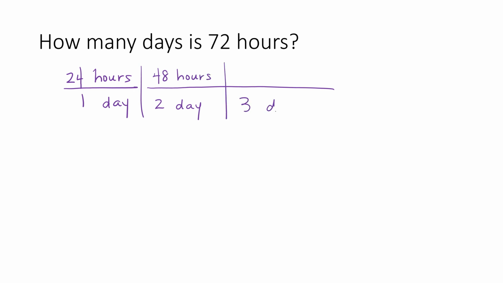And in 3 days, 24 times 3. 3 times 4 is 12. Put the 2, carry the 1. 3 times 2 is 6, plus 1 is 7. So there are 72 hours in 3 days. How many days are 72 hours? 3 days.